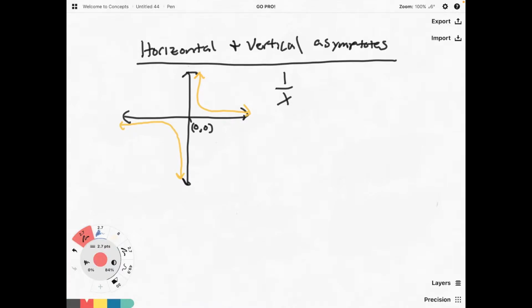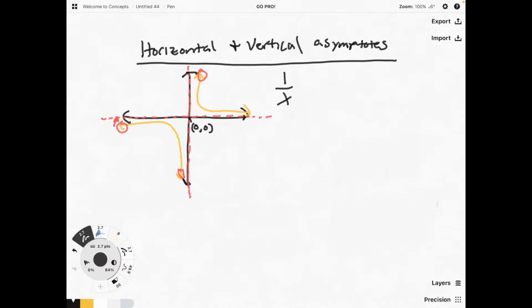Although this line approaches the x-axis, it actually never touches the x-axis. And similarly, although this line and this line approach the y-axis, it will never touch the y-axis. And that is the definition of an asymptote.